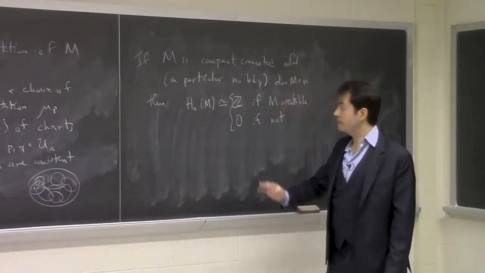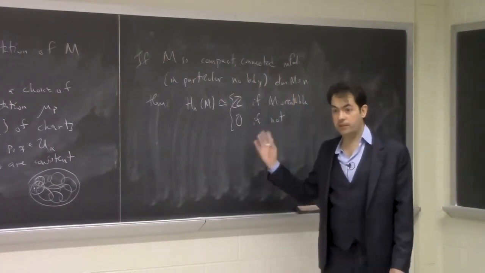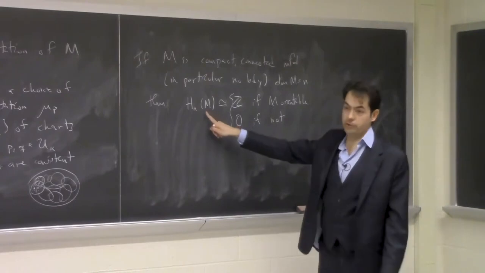So if you have a compact and connected manifold, then orientability completely determines the top homology group.